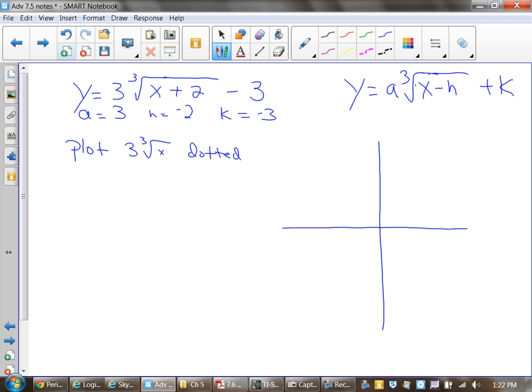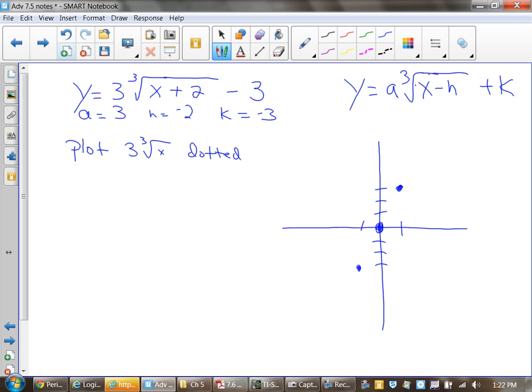What's the cube root of 0? 0. 0 times 3, 0. What's the cube root of 1? 1 times 3, 3. And then you get negative 1, and then you're at negative 3.